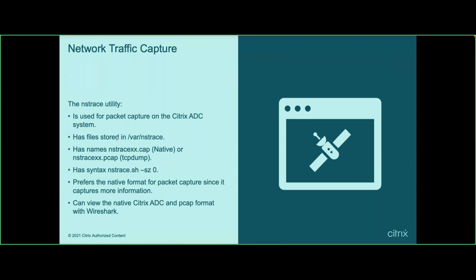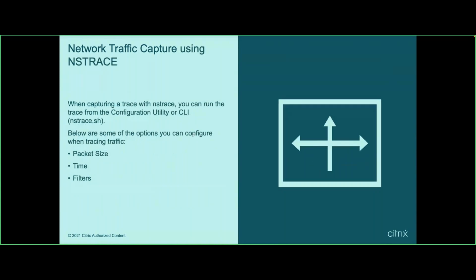So all these files are stored in your NS trace folder, or you can download it in your download folder, and share it with your network security team. You can even define the packet size, the time, and the filters that you want.